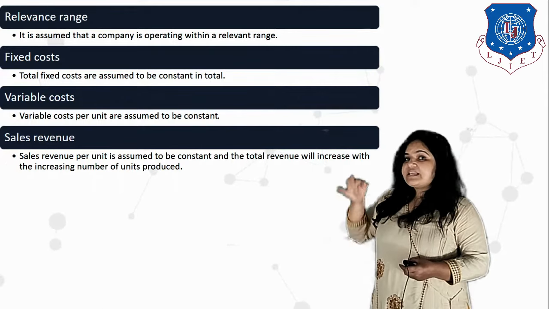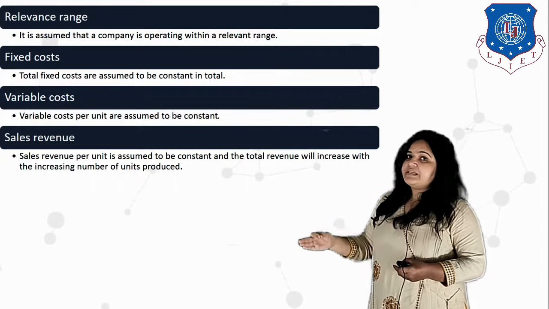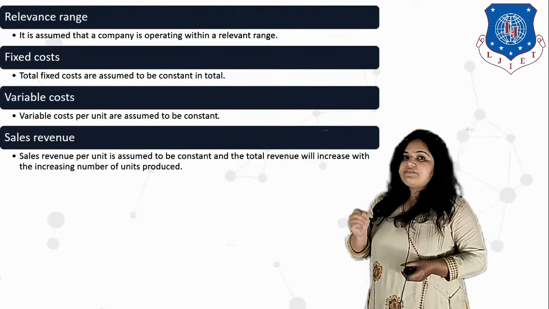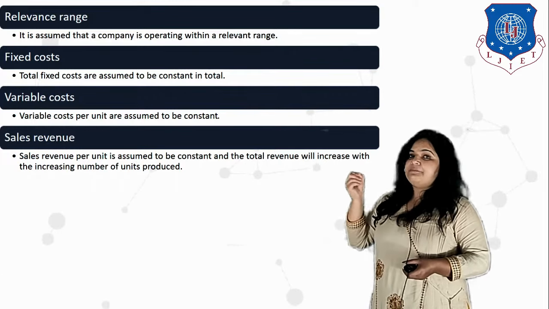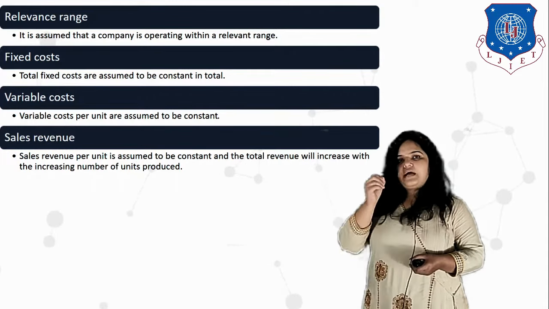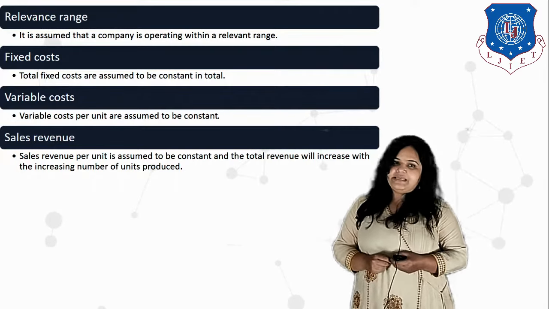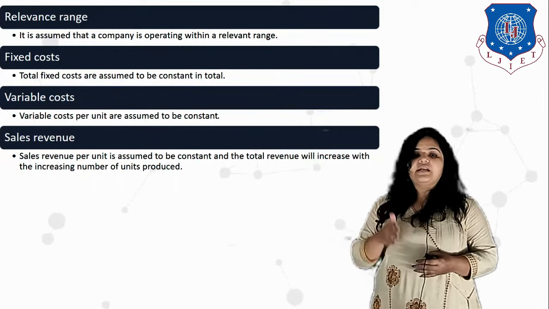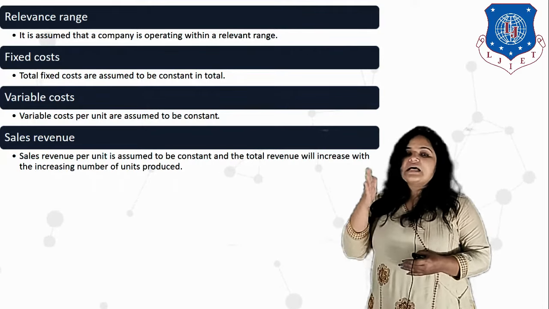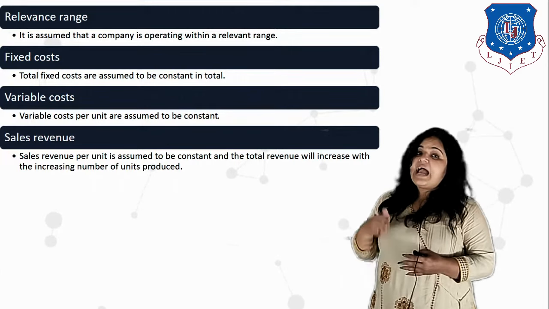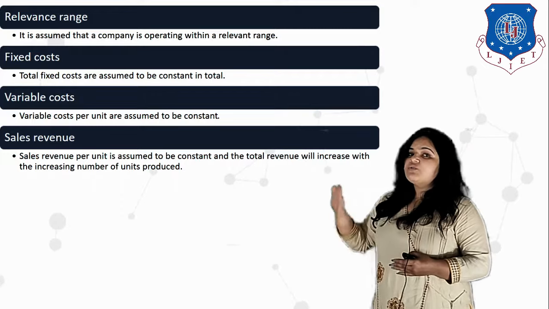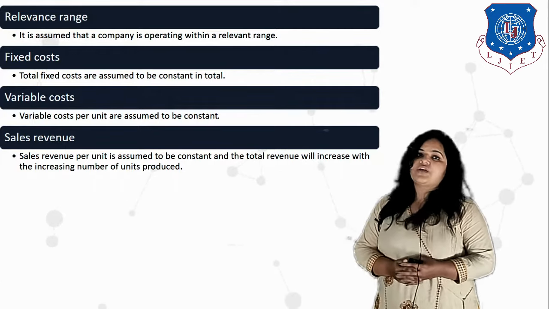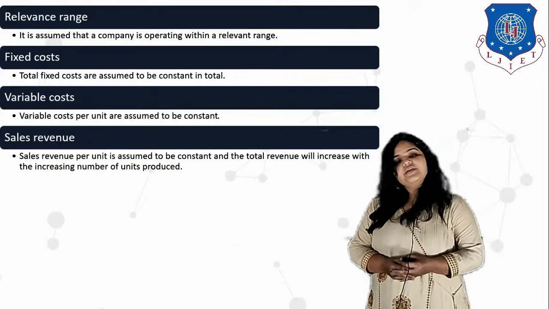Say if I sell one pencil for 10 rupees, then for selling 10 pencils, my total revenue is 10 multiplied by 10 is equal to 100 rupees. You got me right there. Here they are telling us that the revenue per unit is assumed to be constant, and the total revenue will obviously increase with increase in production, increase in number of units.